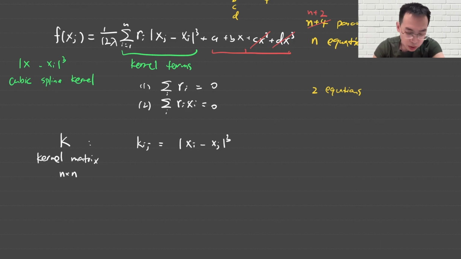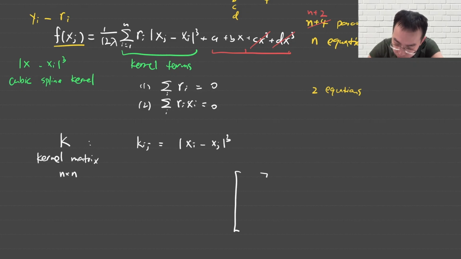So we can also rewrite this f here in terms of r. We're just going to replace this one with yi minus ri. And now we can write down the matrix notation. For this, we want the matrix times parameters equals something.